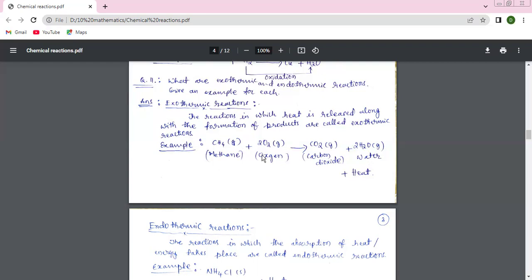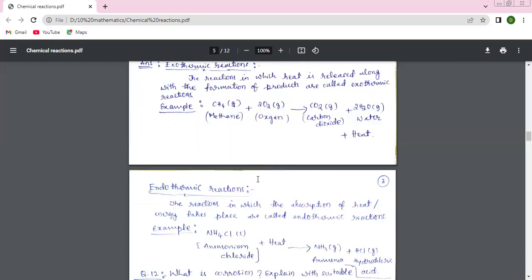It combines with oxygen, both are gases, and these together form CO2, carbon dioxide, plus H2O, water, and heat is liberated. So in this chemical reaction, heat is released during the formation of the product, and hence it is called exothermic. Exo means out or release. Thermic means heat. So it is an exothermic reaction.